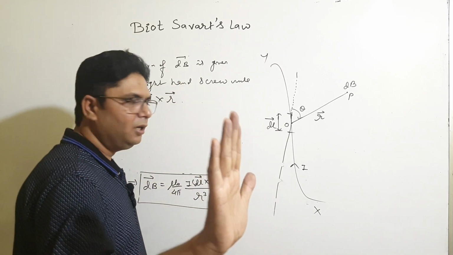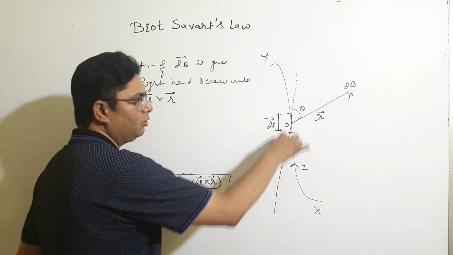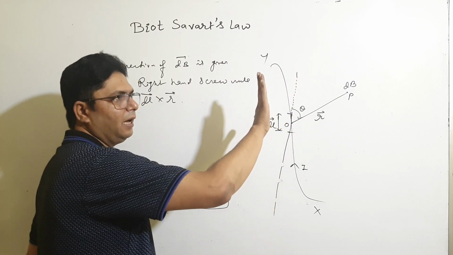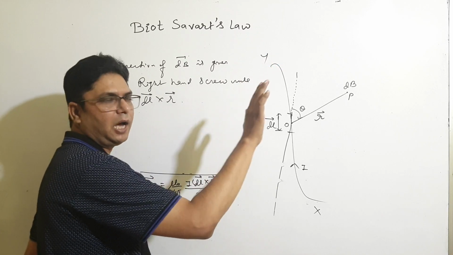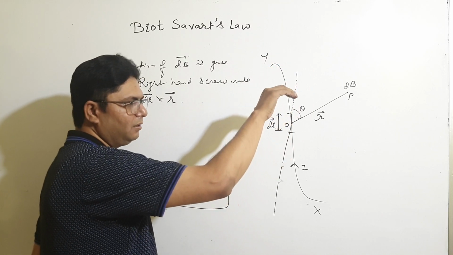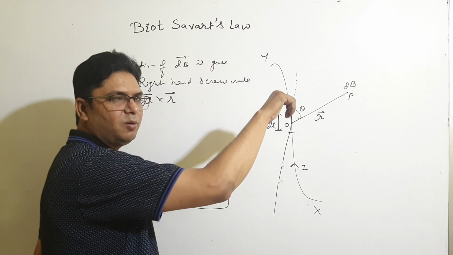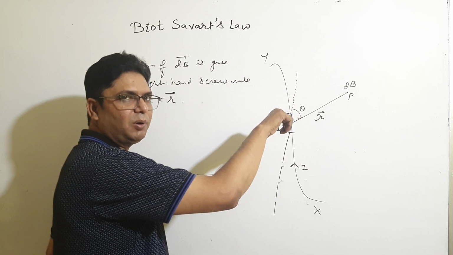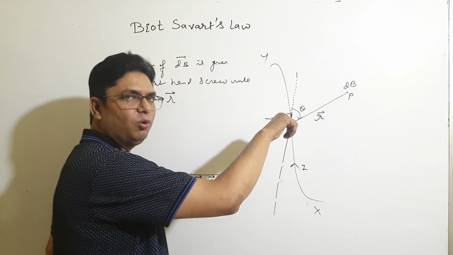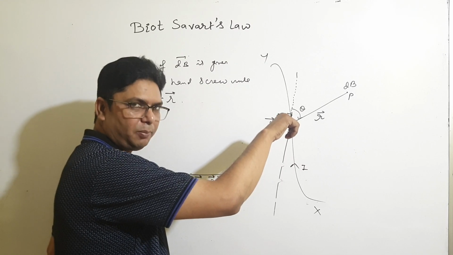Now let us apply it. Put your right hand on dl. This is the length of dl. Put it like this and curl the forefinger towards r. The thumb is inside the board, so the magnetic field is perpendicular and inward to the plane of paper.